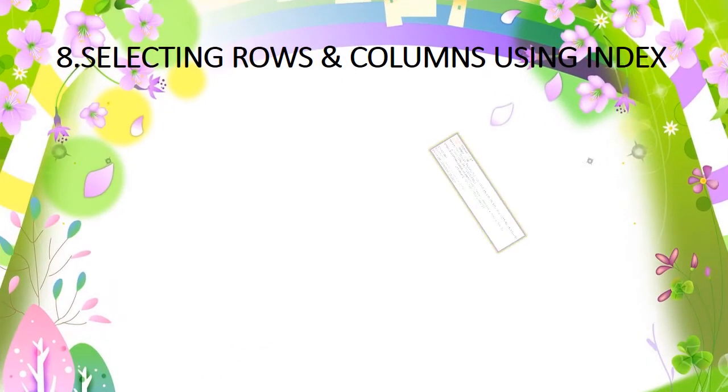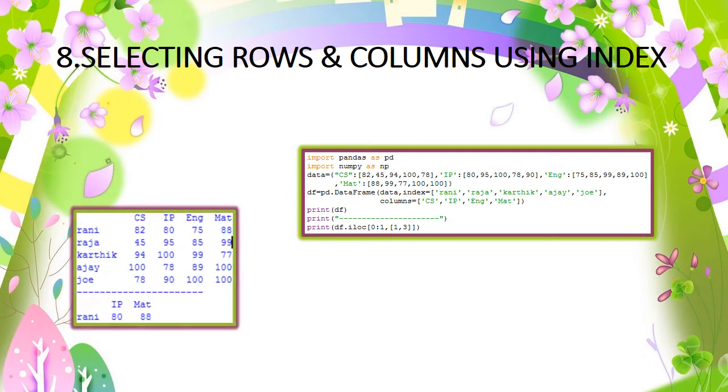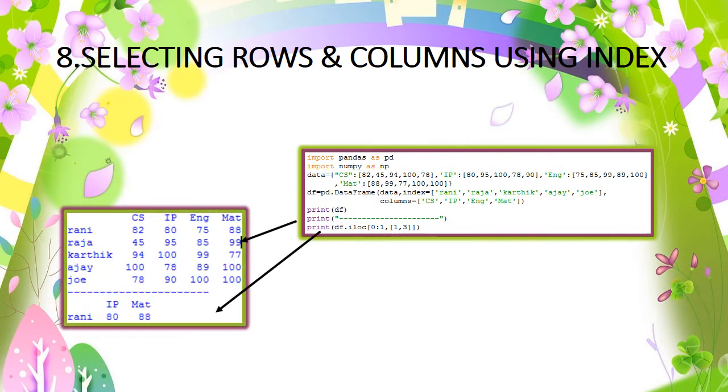And next, using the index ILOC function, like in series objects, here also we can access. So the data frame is displayed, and df.iloc 0 colon 1. So 1 means 1 minus 1, the end value, so 0 colon 0. So only one row, the 0th row alone, is going to be accessed.